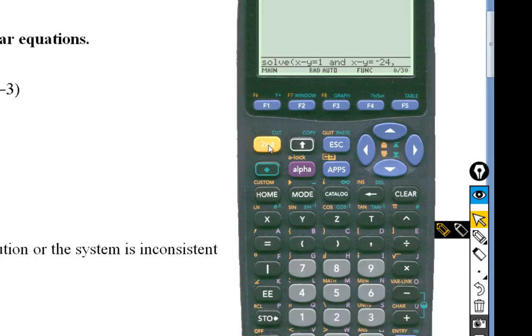So hit second, and then the first parentheses, the braces, and then x, comma, again second to access the closing braces, and then parentheses, and hit enter. Okay, so notice here, syntax error. So hit escape.